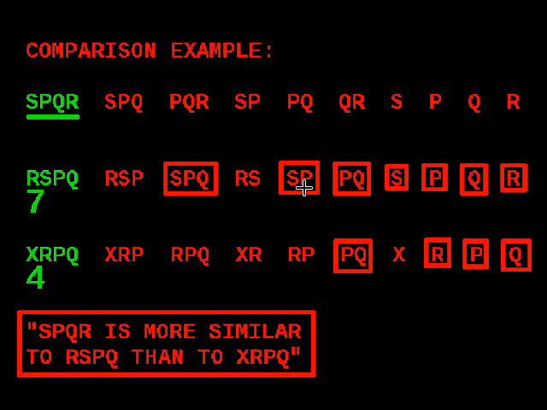SPQ here, SP over here, PQ, and then SPQR. XRPQ has only 4 sub-patterns in common with the fragmentation set of the original pattern. And hence, I can derive the conclusion that SPQR is more similar to RSPQ than to XRPQ.